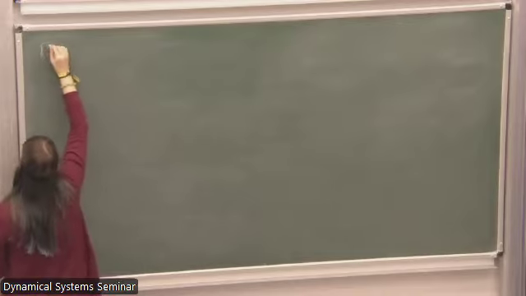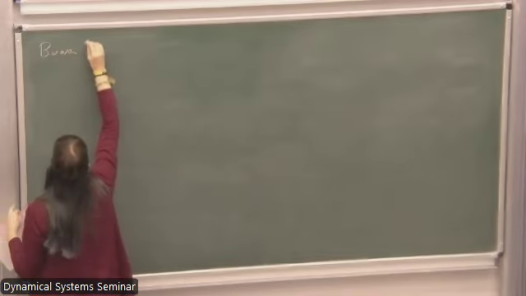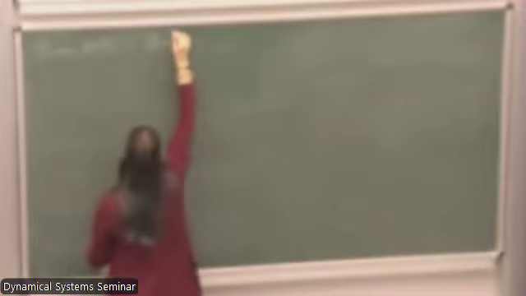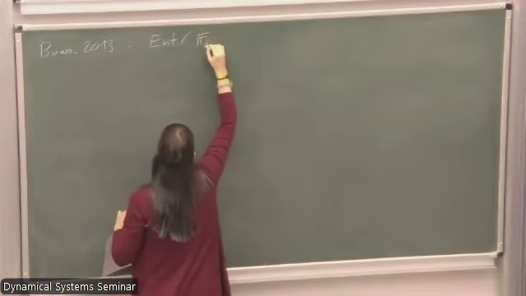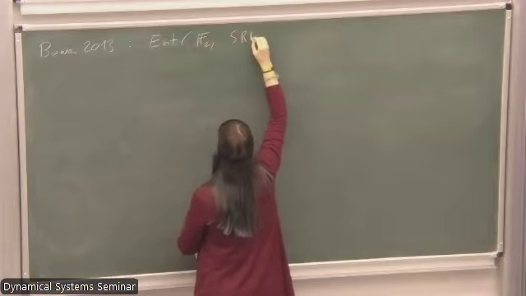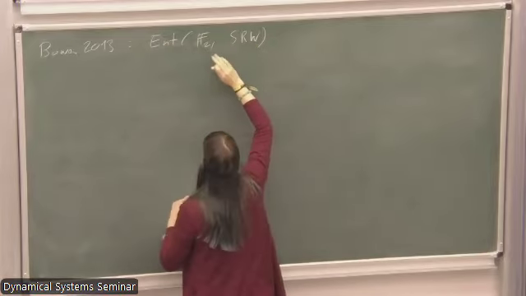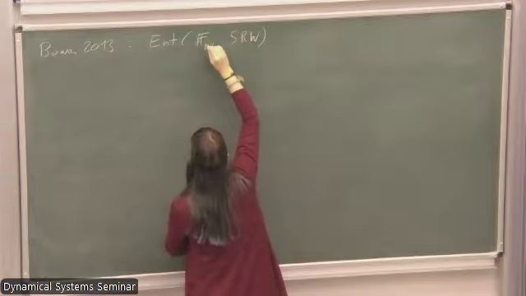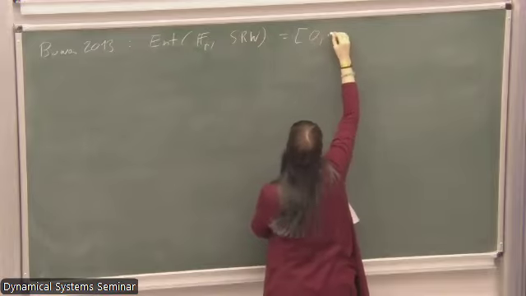So Lewis Bowen, also in 2013, showed that the entropy spectrum of the free group on two generators with respect to the simple random walk on its R generators, doesn't matter, is really realized as the full interval.